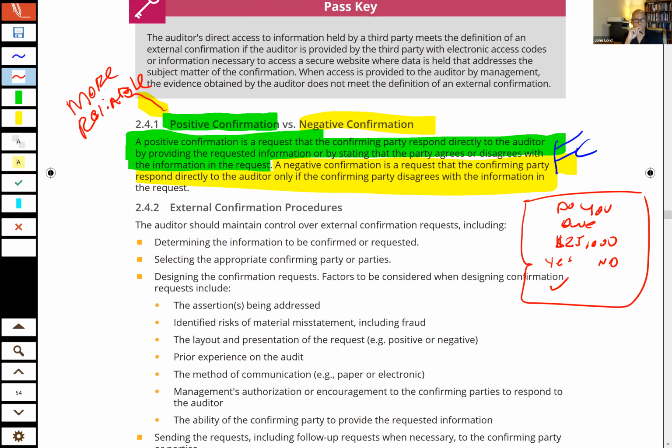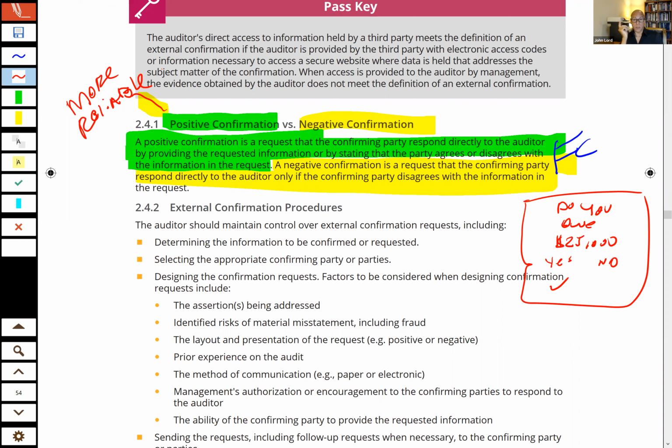Well, wait a minute. I could use positive for AR. Why would you say accounts receivable? What about accounts payable? Oh, because you're not as worried about the existence assertion, is what you're saying there. Okay. Say it again. Accounts payable?